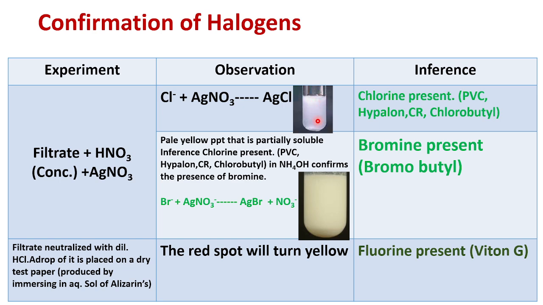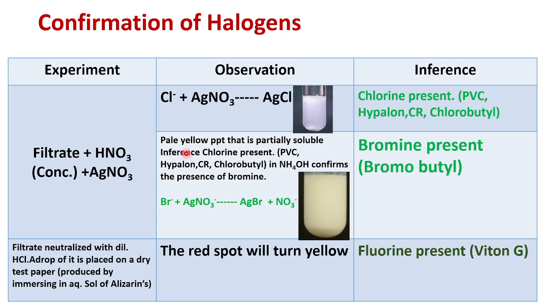This is the characteristic color of the AgCl, and that will confirm the presence of chlorine in your material. So if you observe this curdy white precipitate, you may conclude the presence of chlorine, and that rubber or polymeric material may be PVC or Hypalon or chlorobutyl, etc.